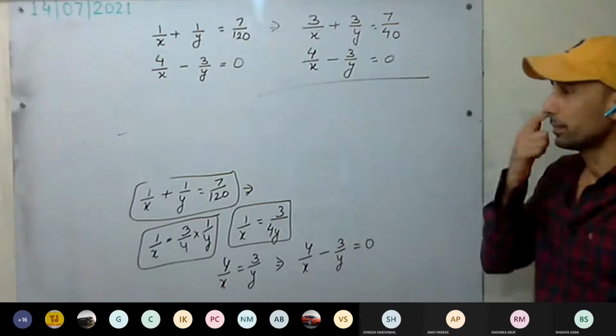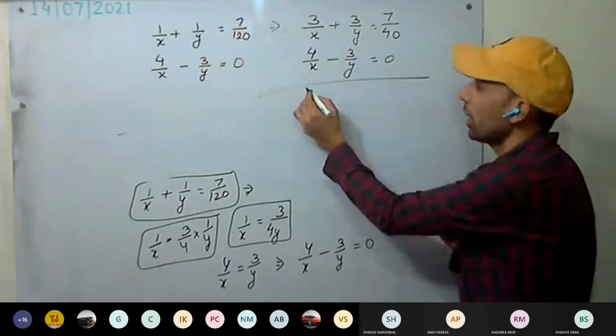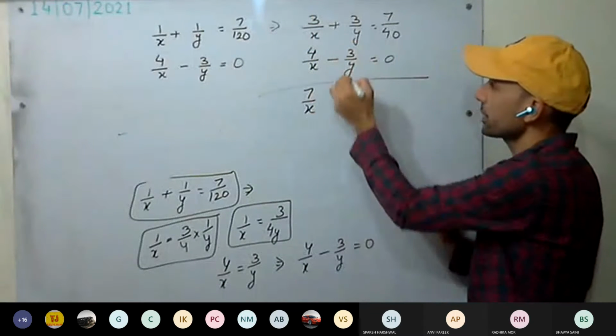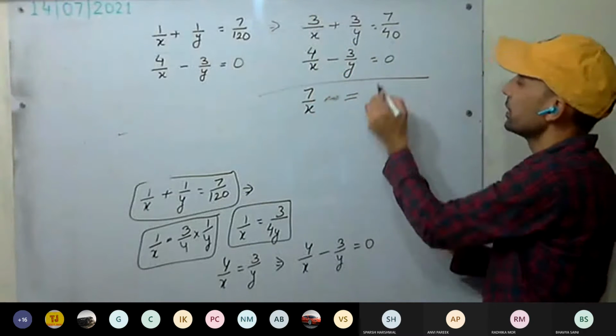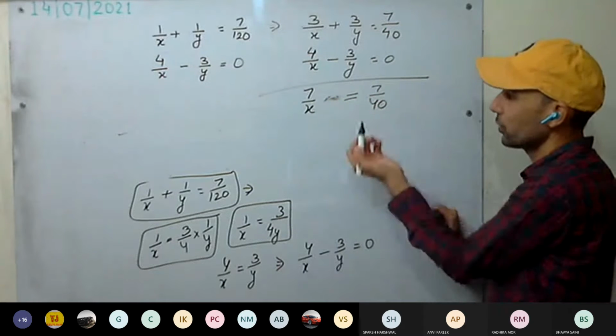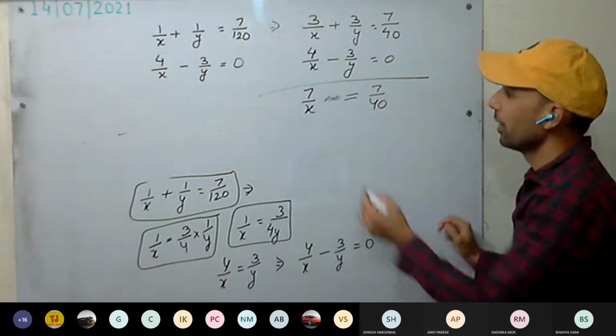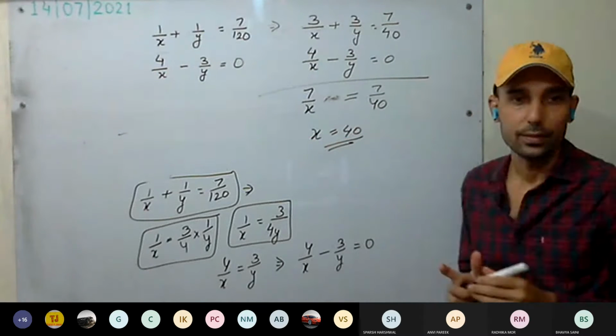Now add them. Denominator is same, so the numerators will add. It is 7 upon x, equal to 0 plus 7 upon 40. 7 gets cancelled, x equal to 40. x equal to 40.